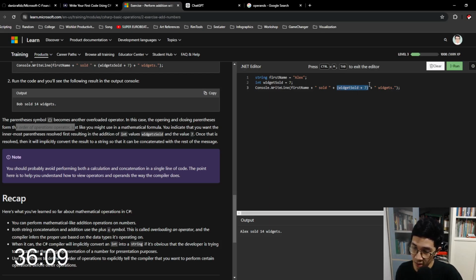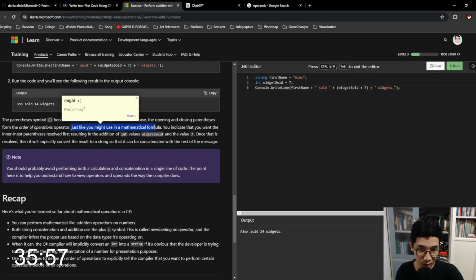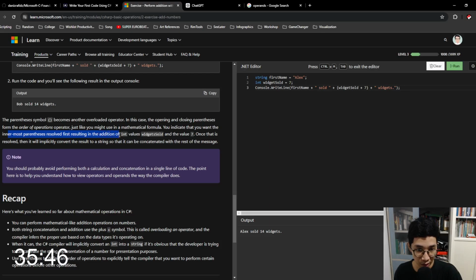So I think this compiler will do this task first, and then outside of the parentheses, that's it. Okay, just like you might use in the mathematical formula. Yes, exactly. You indicate that you want the innermost parentheses resolved first, resulting in the addition of the int values.